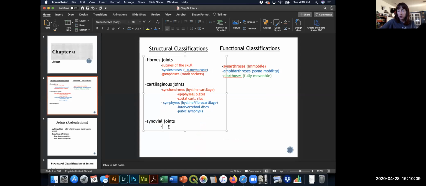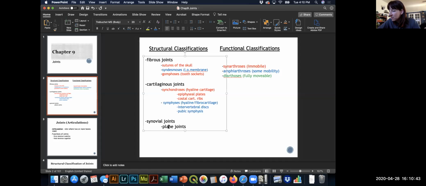So the types of synovial joints that we have here. We had the different types of joints and then the types of movements that they are capable of. Right? So we had plain joints.